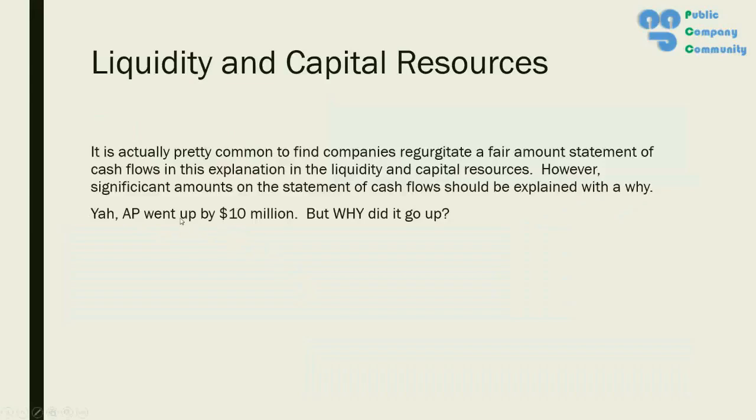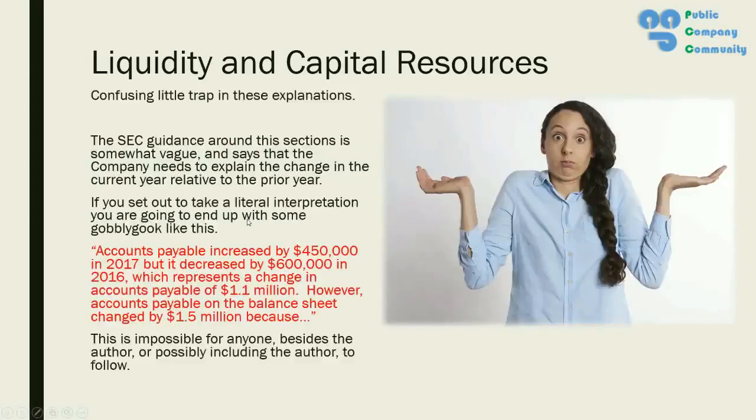You have to regurgitate a little bit to explain it, but if you do say that it went up or down because of AP, you need to say why. You need to have a good explanation, and typically timing of accounts payable invoices is not a great explanation. That's kind of a cop-out explanation. So it's good to actually figure out a decent explanation of why something happened instead of just saying accounts payable changed.